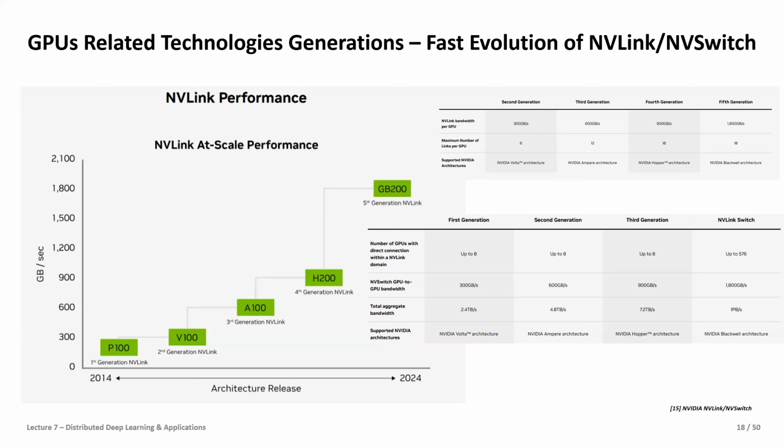Hence this slide, which I had also already given to you before, shows you again the interesting aspects that we have in these different architectures from Volta up to Blackwell, which is the most cutting edge one at the moment, where the NVSwitch GPU-to-GPU bandwidth is significantly increasing.